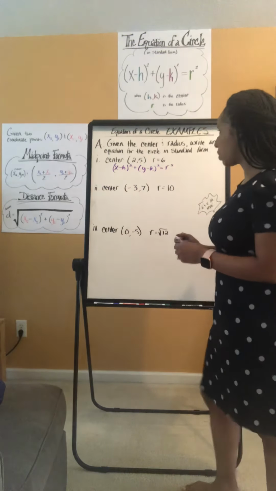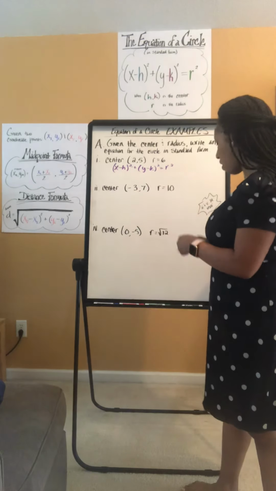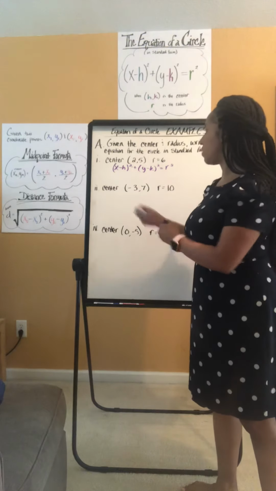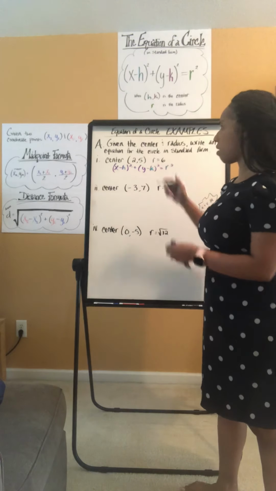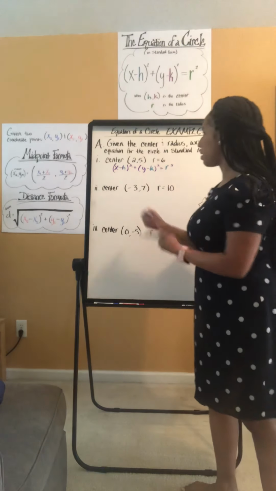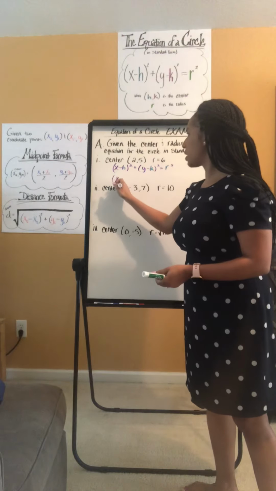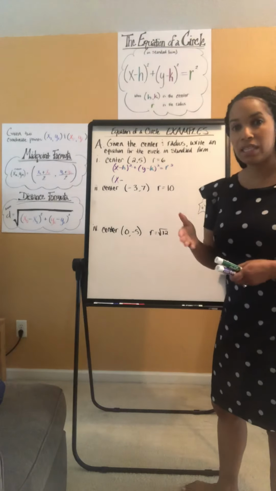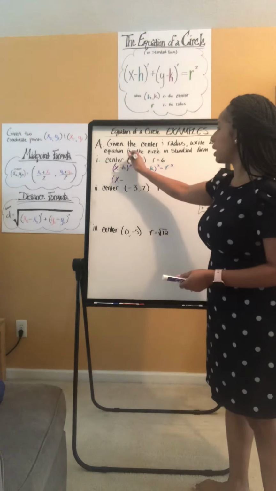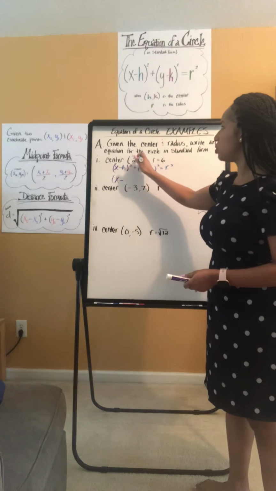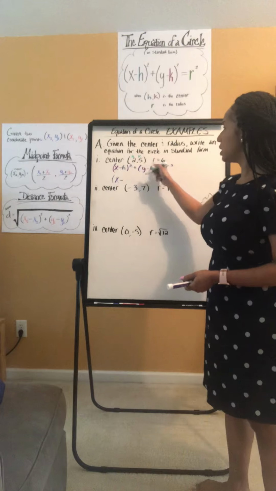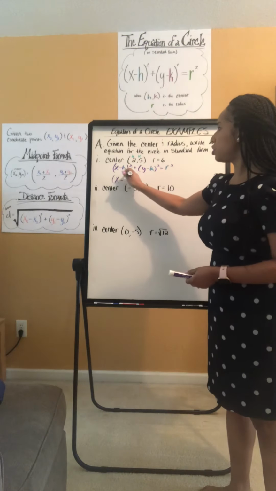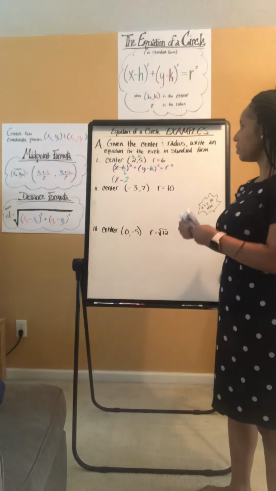Again, we're just going to fill in the h, the k, and the r. The center was your h and your k. So in this case, my h is 2, my k is 5, and my radius is obviously 6.